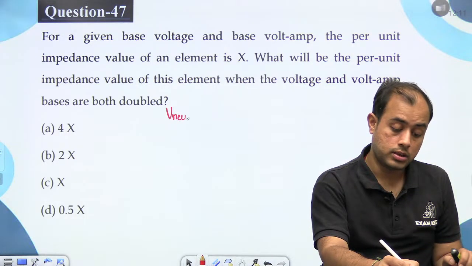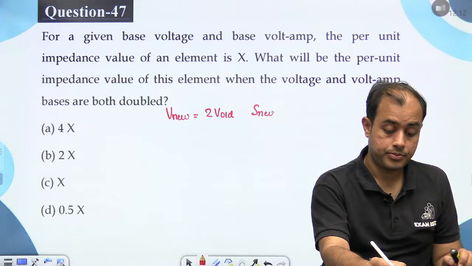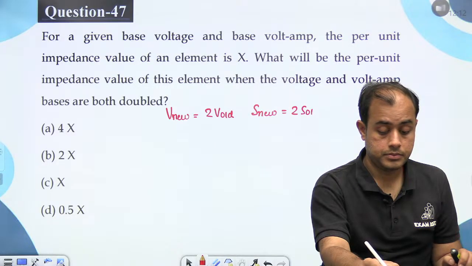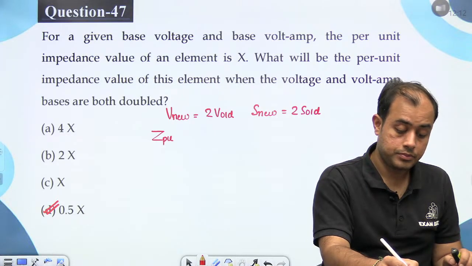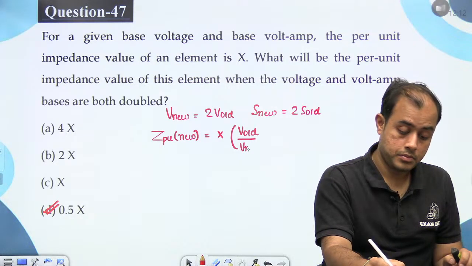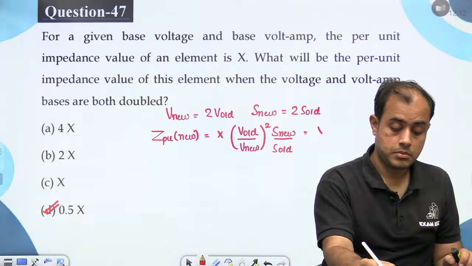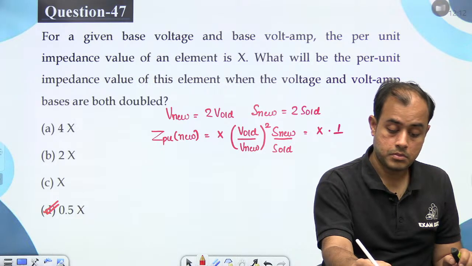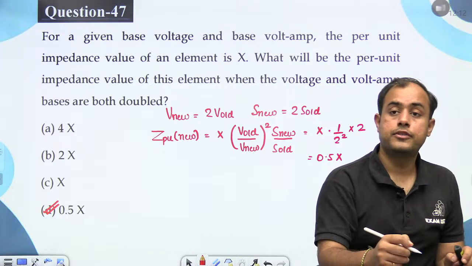So basically both are doubled. So it will become half. 0.5x.